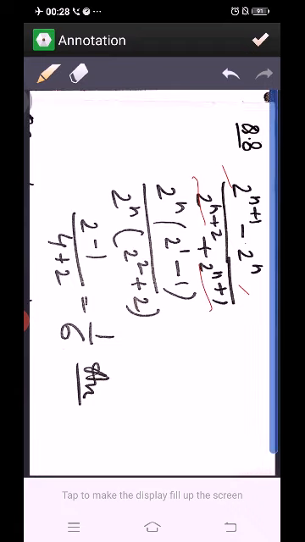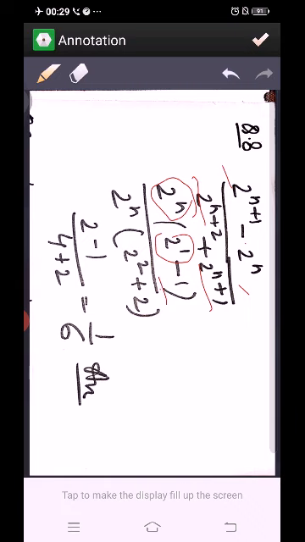In the numerator we can see 2 power n, the minimum power is 2 power n, so we take 2 power n common. Here 2 power n and 2 power 1, so how much is left? 2 power 1 is left, minus 2 power n, total taken common, what is left? 1. Similarly in the denominator we can see 2 power n plus 1 and 2 power n plus 2, the minimum power is 2 power n plus 1.